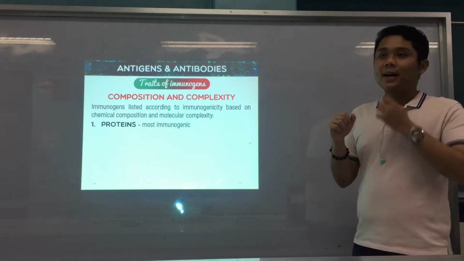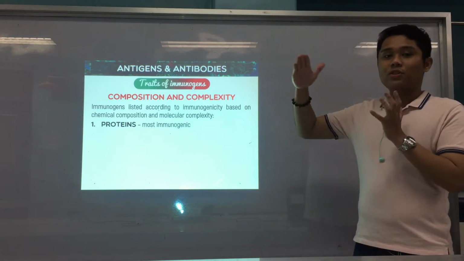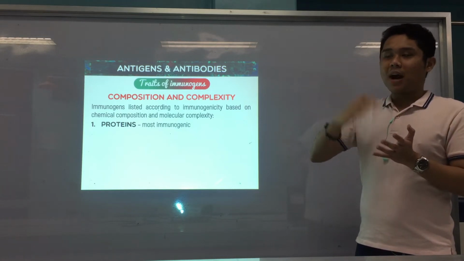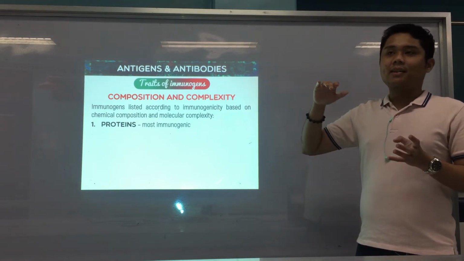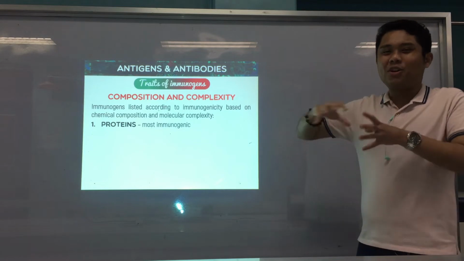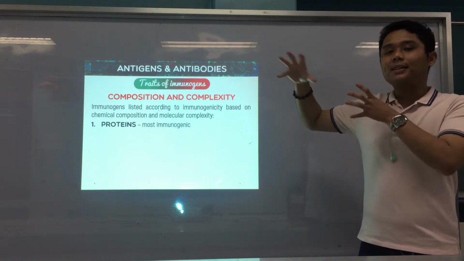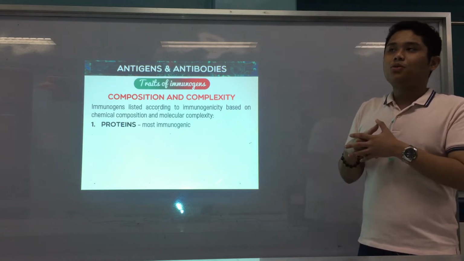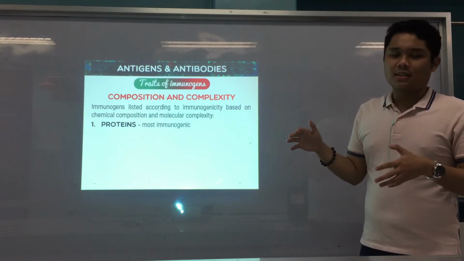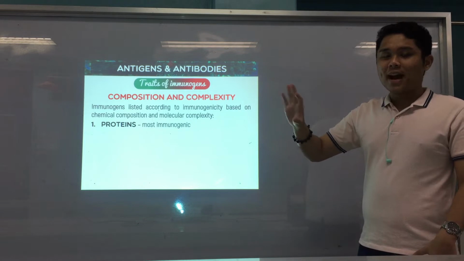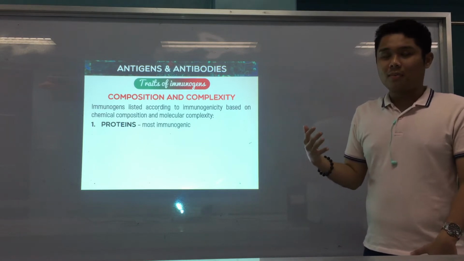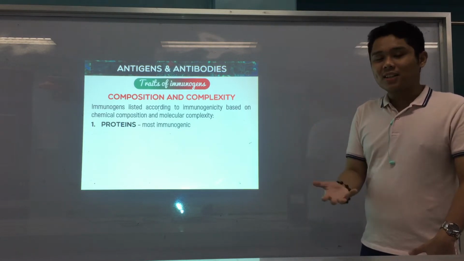Because, recalling your biochemistry, proteins have four structures, from primary until quaternary. As you can see, they are more complex, so their sizes are bigger, and their structure is more complex, so they elicit more of an immune response in the body. Alright? So proteins are the most immunogenic.